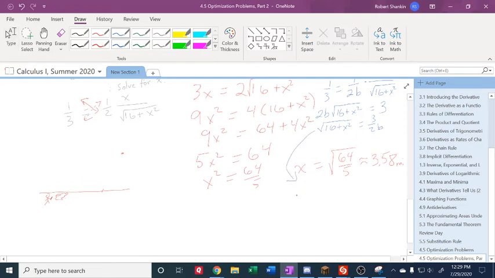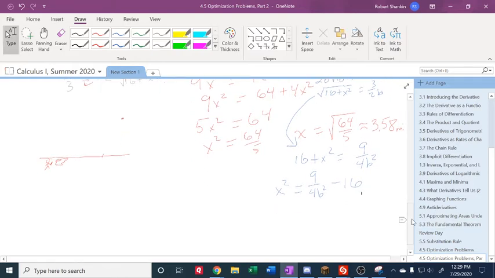Jump down. So x squared is equal to 9 over 4b squared minus 16. So we can see that x will be the square root of this.